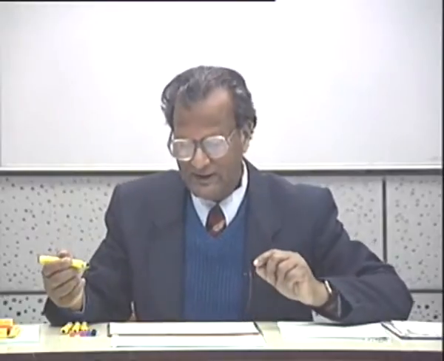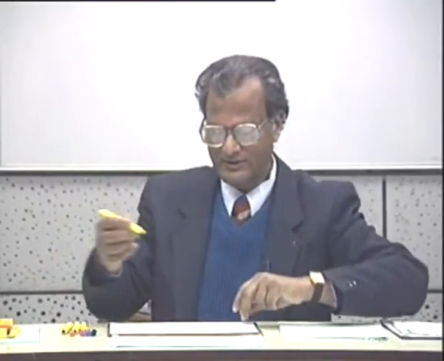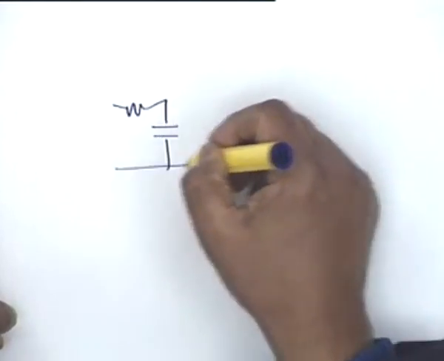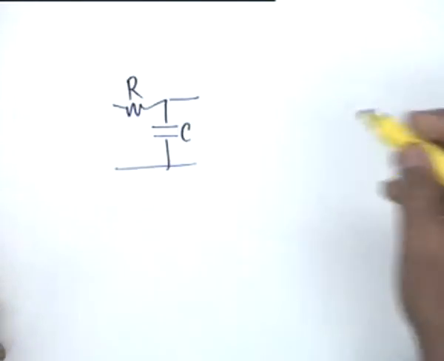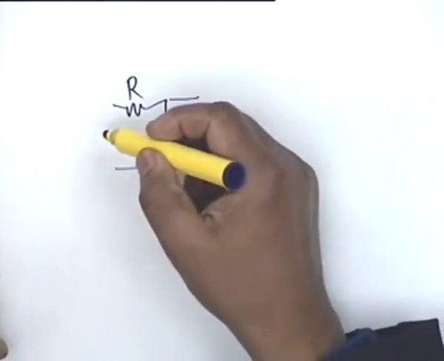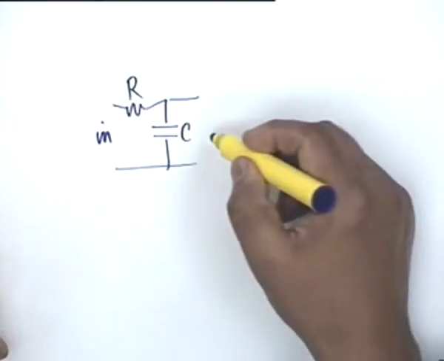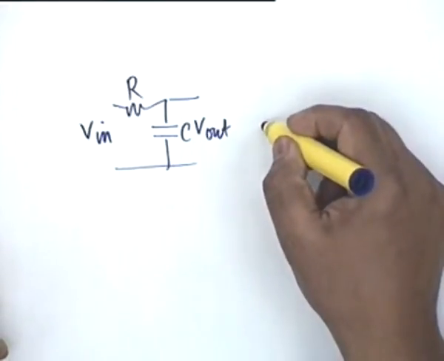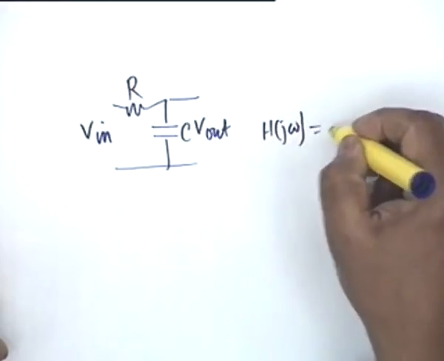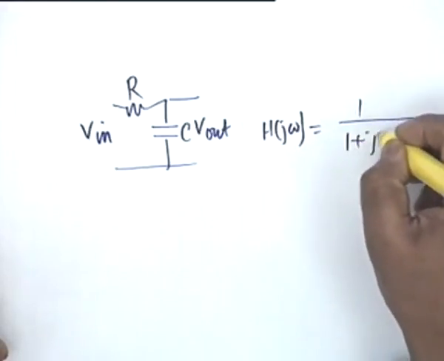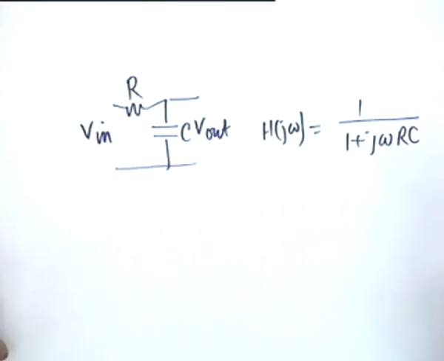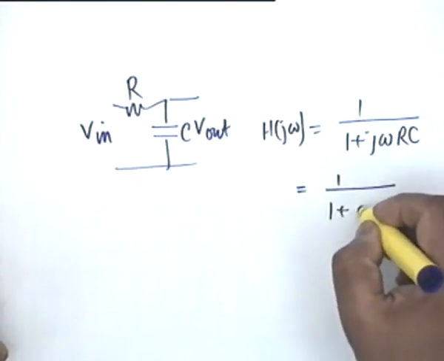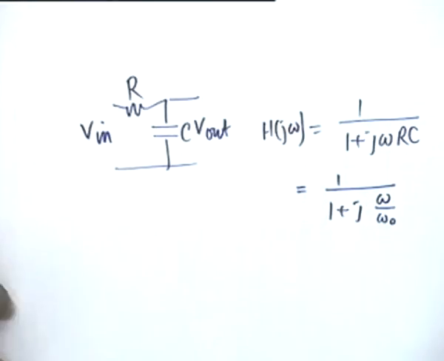Okay, before we take up the actual high frequency response, we also like to recall a few simple facts from circuit theory. If you have an RC network like this, and if there is an input here and an output here, V in and V out, then the transfer function of this circuit is simply given by 1 by 1 plus j omega RC for sinusoidal excitation, which I can write as 1 by 1 plus j omega by omega 0.